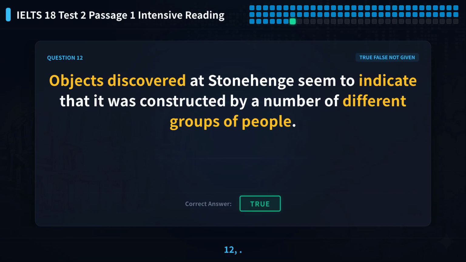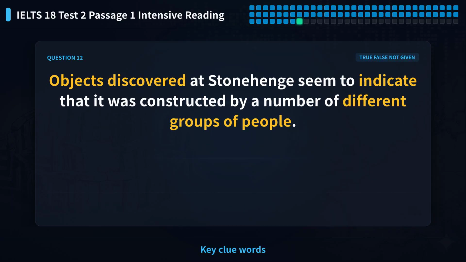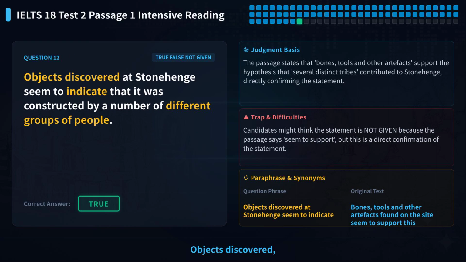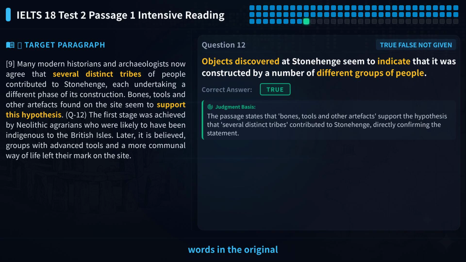Let's look at question 12. Objects discovered at Stonehenge seem to indicate that it was constructed by a number of different groups of people. Key clue words in the statement: "objects discovered" and "indicate" different groups of people. Locate paragraph 9. Scanning landmark words in the original text: bones, tools and other artifacts.